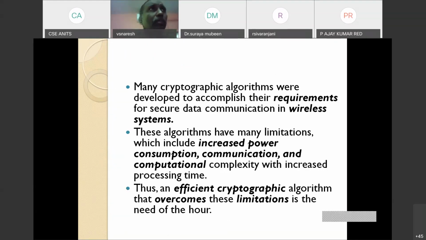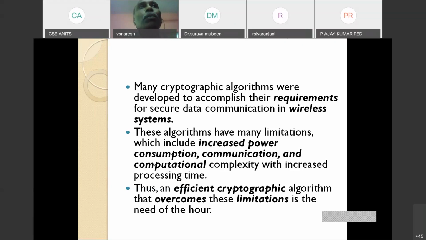Many cryptographic algorithms were developed to meet the requirements for secure data communication in wireless systems. You all know there are many efficient crypto systems. But what is the problem with them? Increased power consumption, communication and computational complexity, with increased processing time.